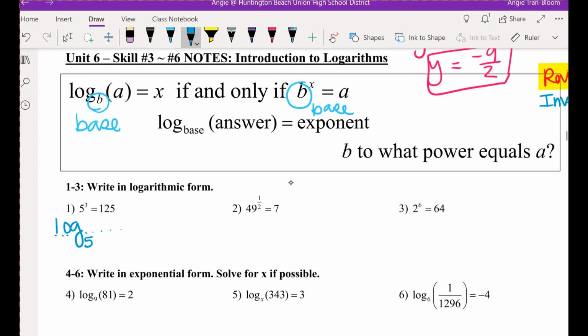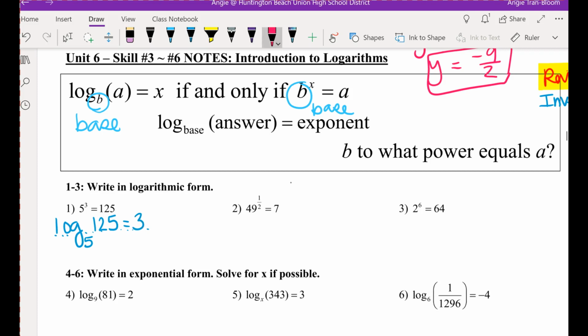It's a subscript. Log base 5 of what? Of 125. Remember, in exponential, the output now goes right next to the word log. What does this equal to? 3, because 3 is the exponent. So, like that.